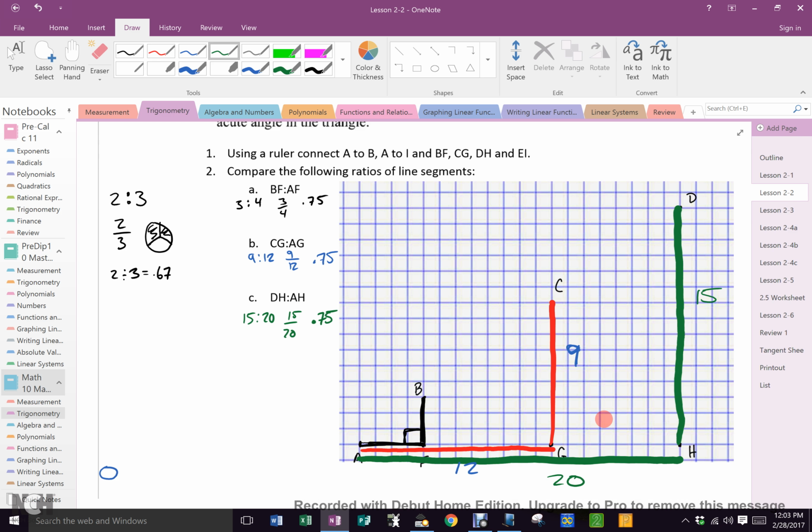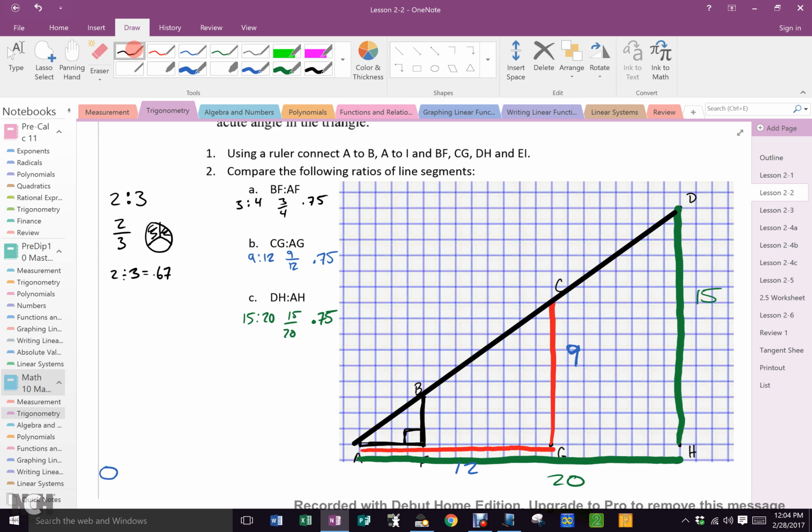Okay. Now, if I do this, what did I just make? I made how many triangles? 3. I made ABF, correct?